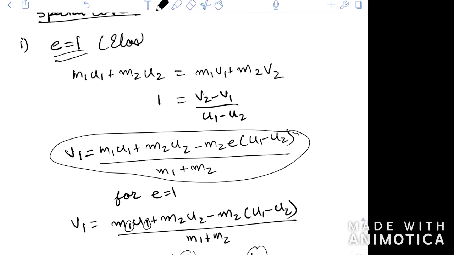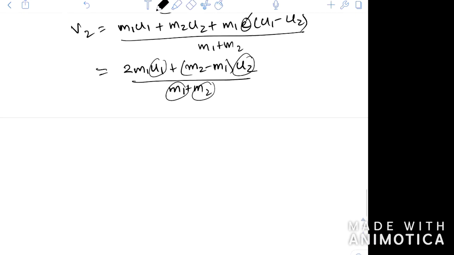And a very important tip here is that whenever you are given an elastic collision, don't try to conserve kinetic energy, unless the question itself involves kinetic energy.